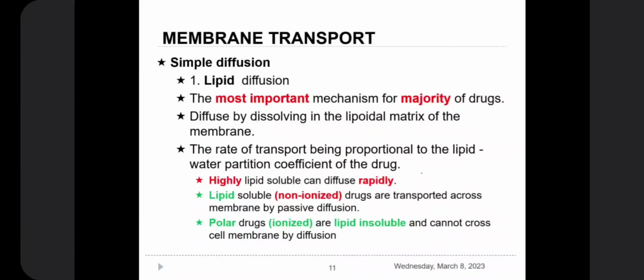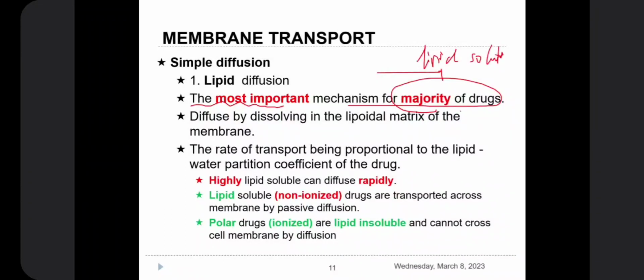Next, let's see some factors that influence these two diffusions. The lipid diffusion is the mechanism suitable for the most popular diffusions, because the majority of drugs are lipid soluble.